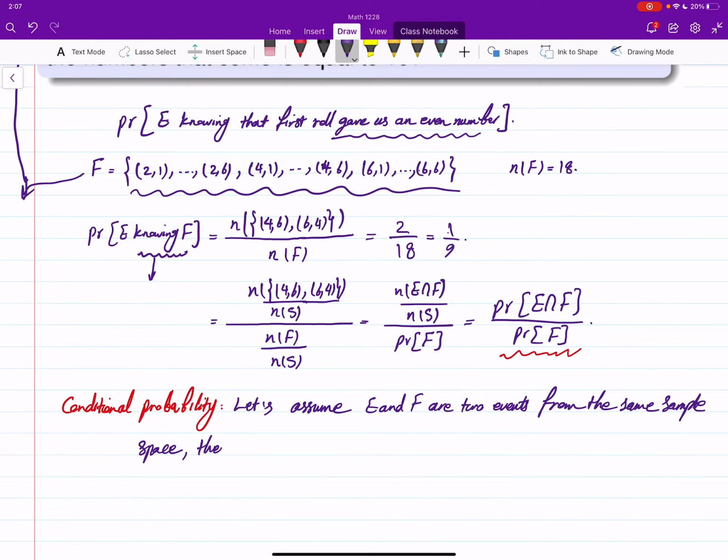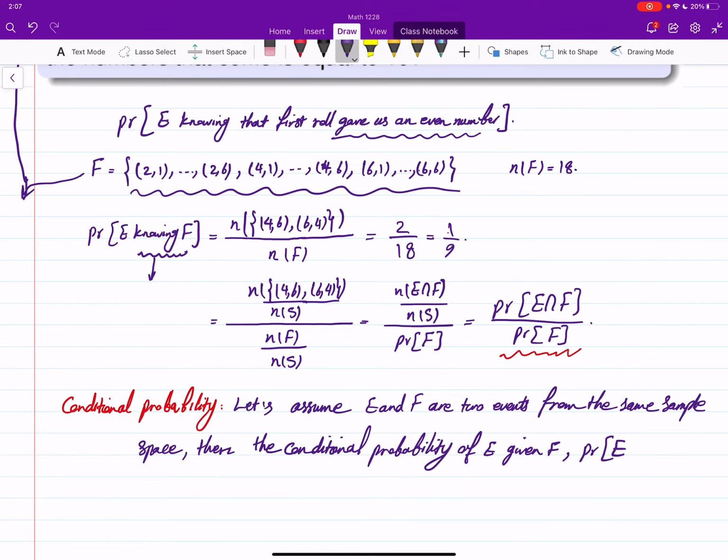Then the conditional probability of E given F, or knowing F, is what we denote by this.